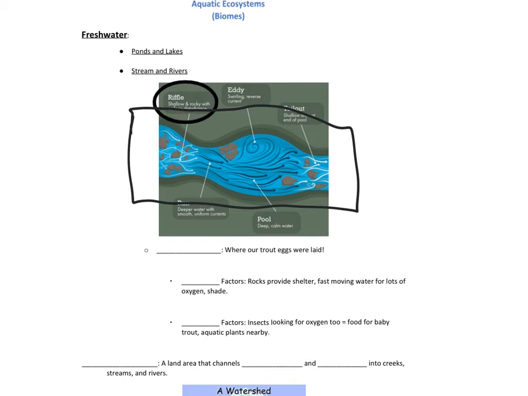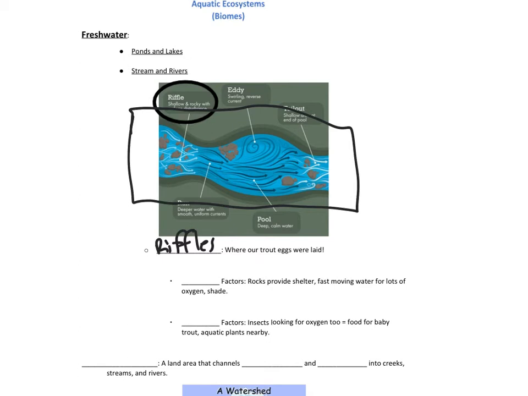And the trout actually bury their eggs in these areas called riffles. Super shallow water with lots of rocks, fast moving water, often disturbed. Lots of disturbances to stir up oxygen and other necessary nutrients for the baby fish eggs.